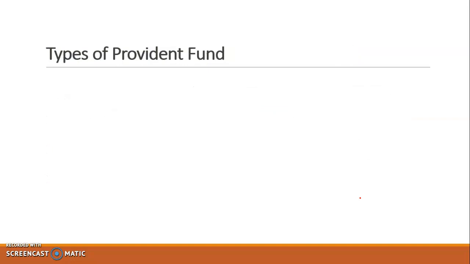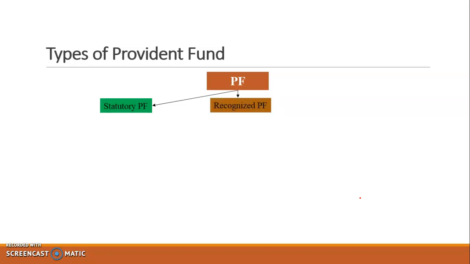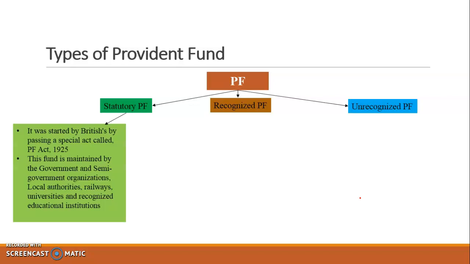So if I talk about types of Provident Fund, the first type is statutory Provident Fund, then recognized Provident Fund, and unrecognized Provident Fund. Statutory Provident Fund was started by the British by passing a special act called the PF Act 1925. So it was before independent India.